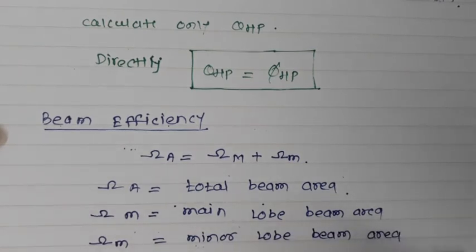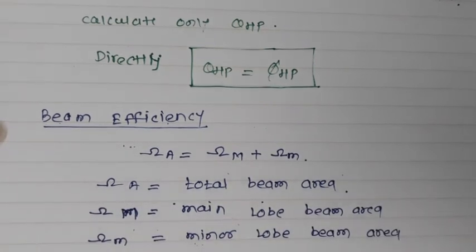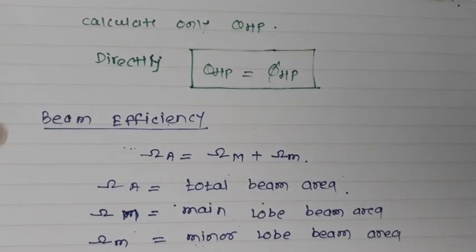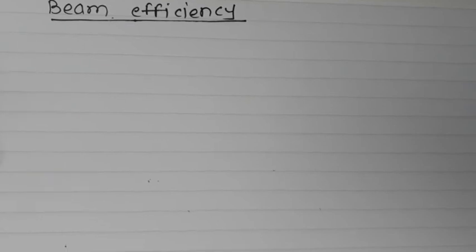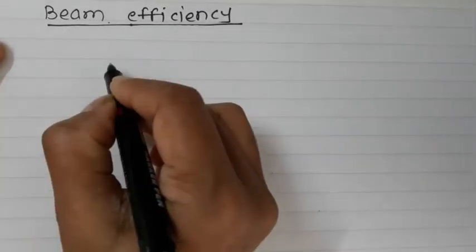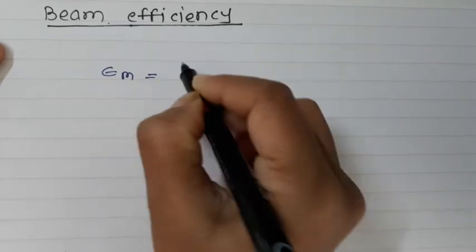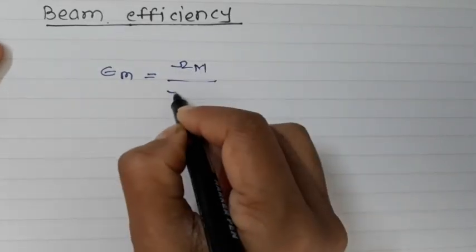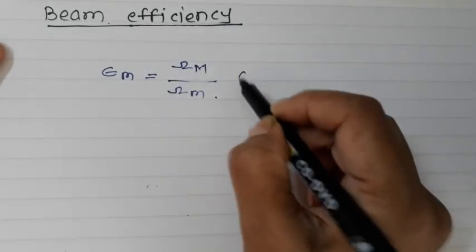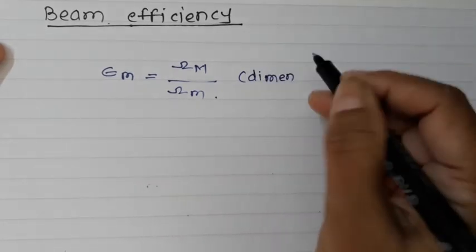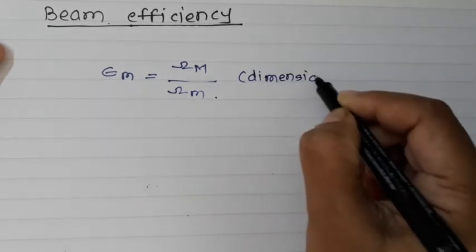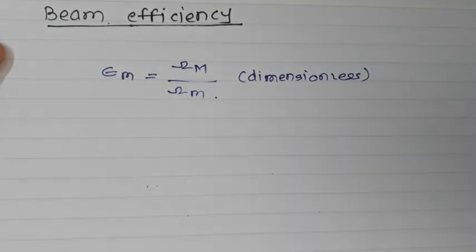So when you talk about all these beam areas, how are we going to calculate the beam efficiency? If I know the beam area of the main lobe and the beam area of the minor lobe, the beam efficiency is the ratio of Omega M to Omega A. As this is a ratio, this quantity is dimensionless.